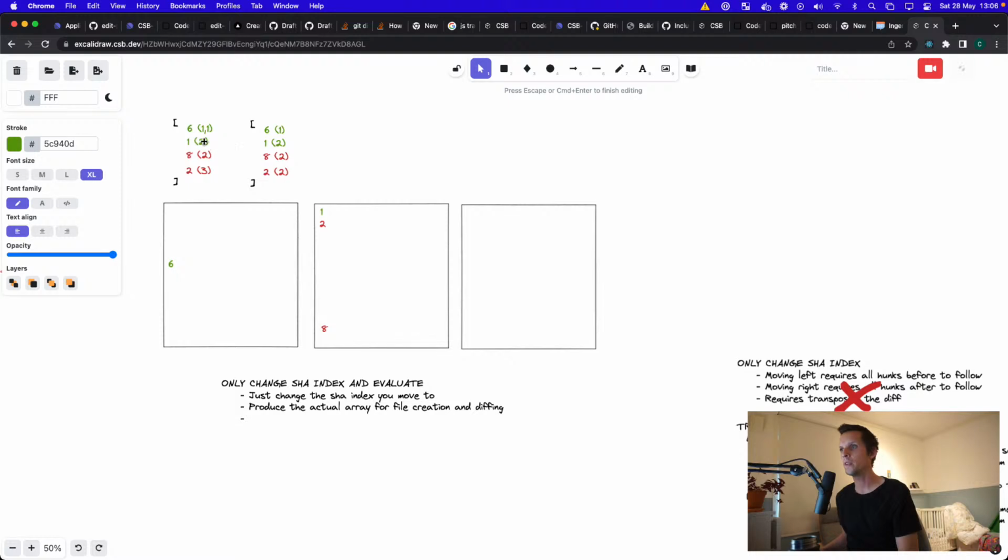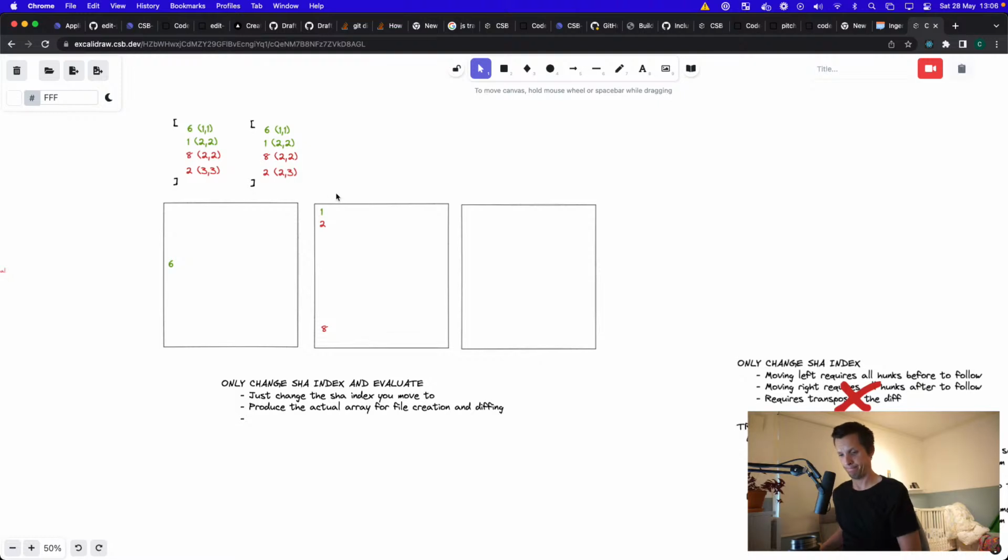So 1.1, 2.2, 2.2, 3.3. So this is like which SHA are you currently on and which SHA do you originally belong to. So now you're on 2, but you actually belong to 3.